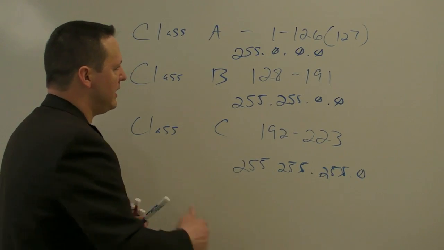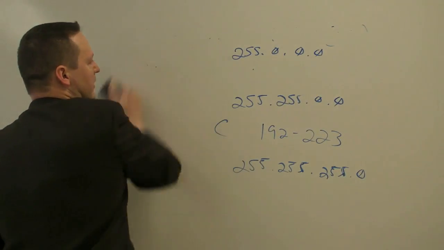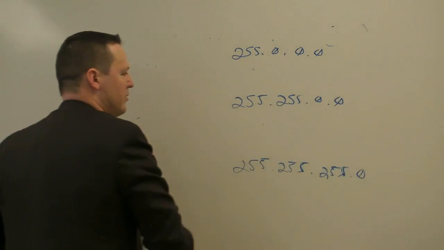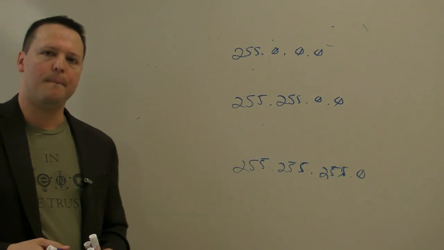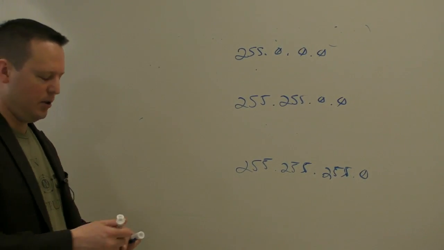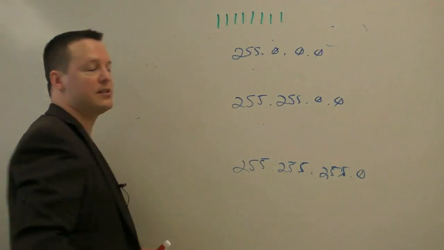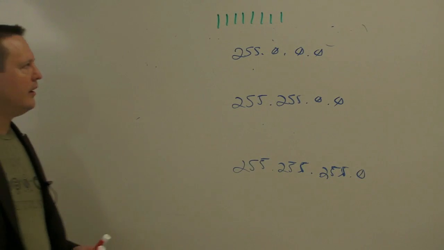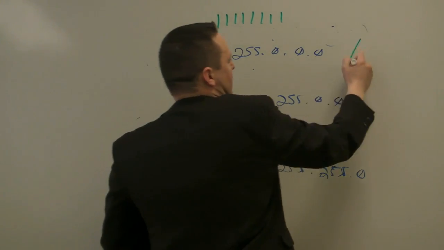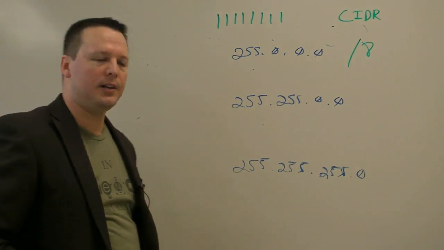So what we're doing here is we're simply representing these values in bits. So 255 in binary is 8 bits. Okay? That's why I would write /8 if I was doing the CIDR notation, /8.